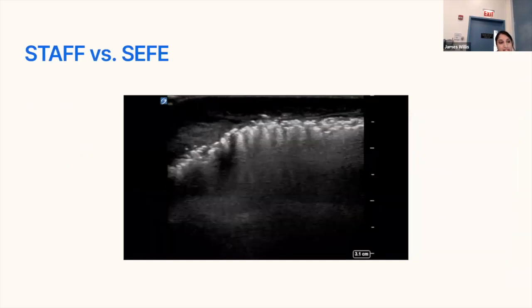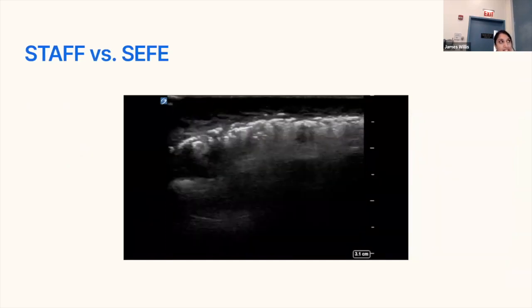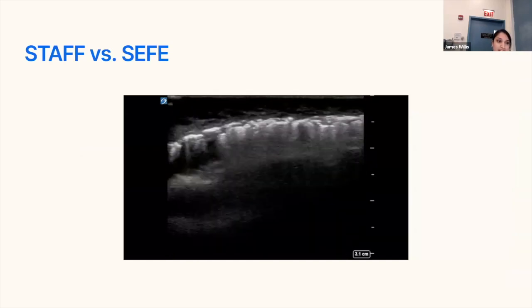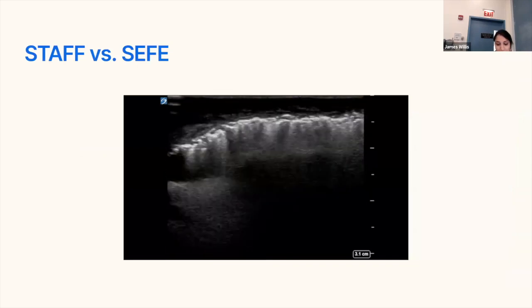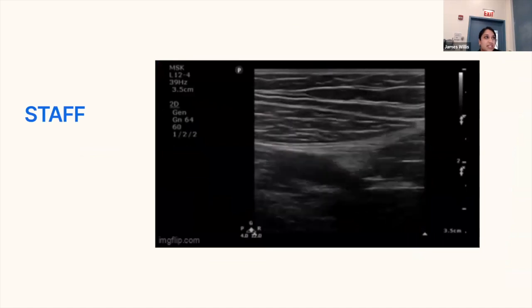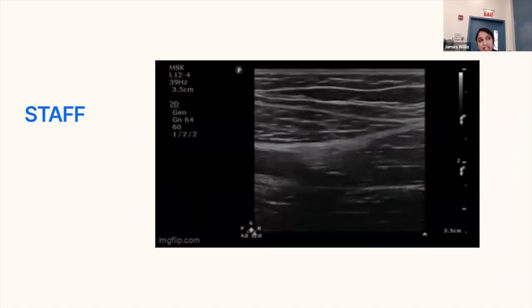So there were these two major studies done, STAFF and then SEFE. STAFF was subcutaneous thickening, air, fascial fluid. And then the other study was sonographic exploration, fascial exploration. In this study, they had a case where the patient was 44. She was coming in with a left lower extremity rash, and it was very painful.